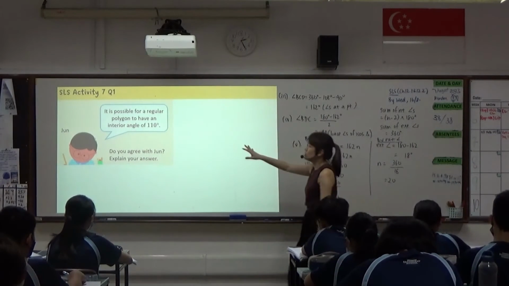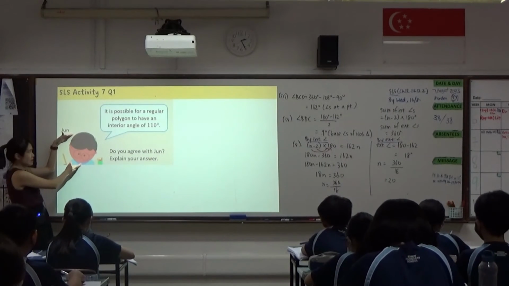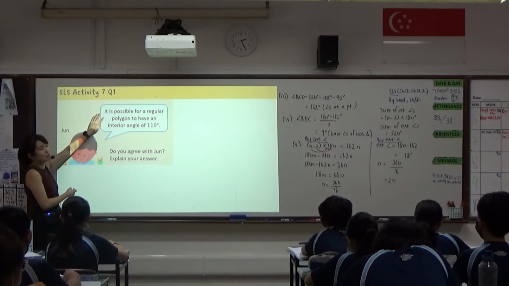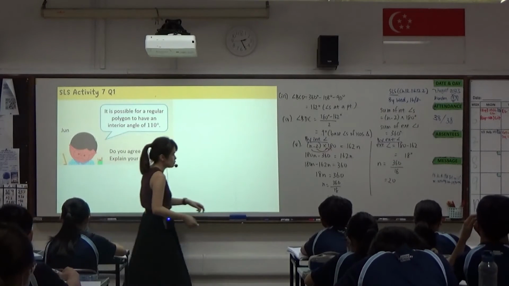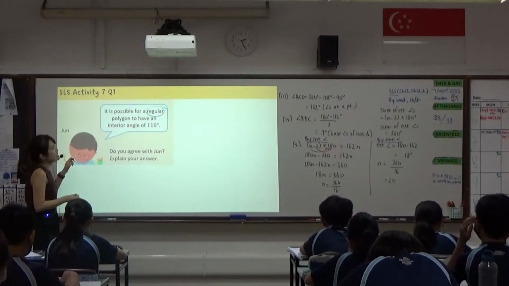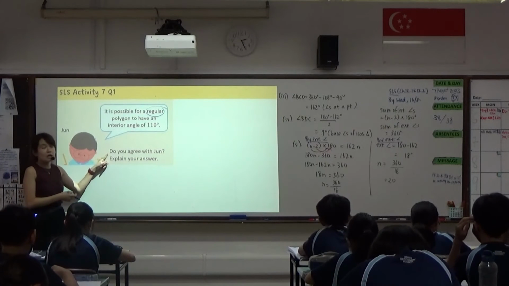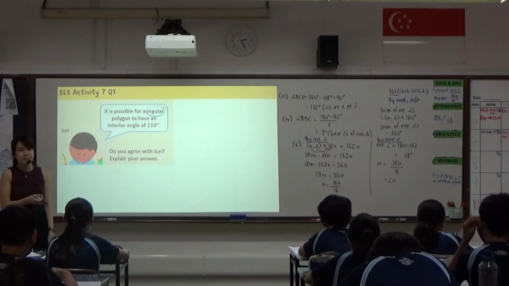Okay? So this question is asking, or rather this person said, it is possible for a regular polygon, take note the question says regular, to have an interior angle of 110 degrees. They ask whether you agree with him and explain your answer.